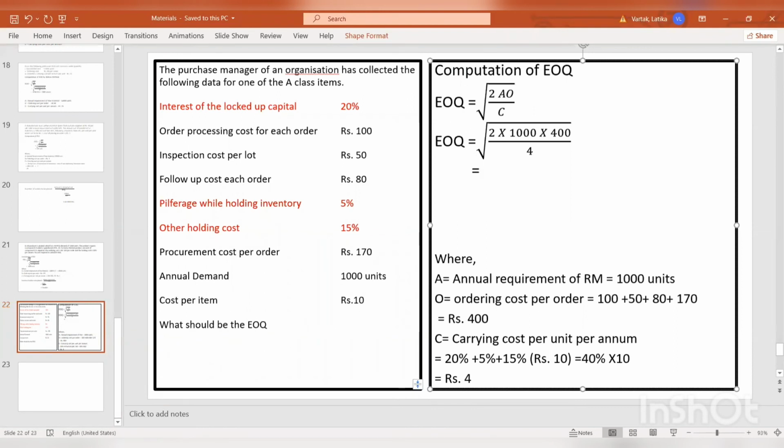So the answer is 447 units. So if we will order 447 units at one time, the cost of ordering, carrying and purchase cost, the total cost will be the least.